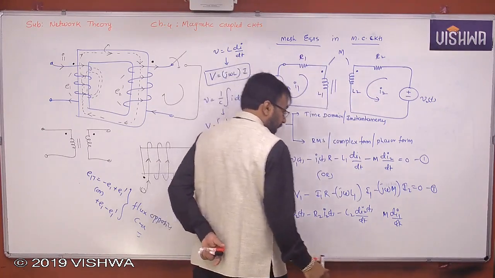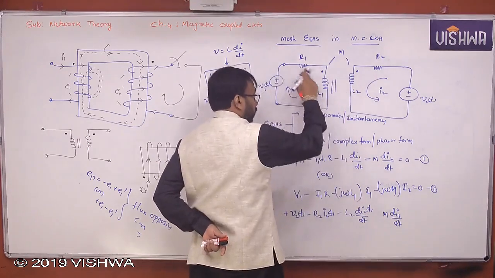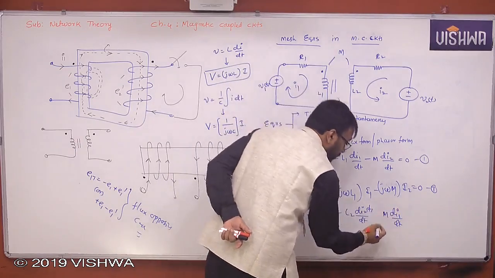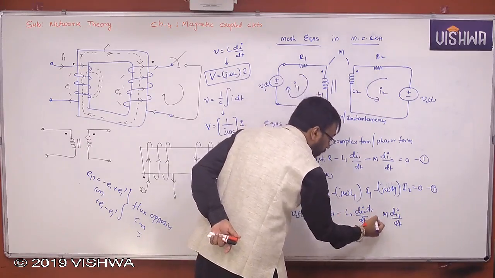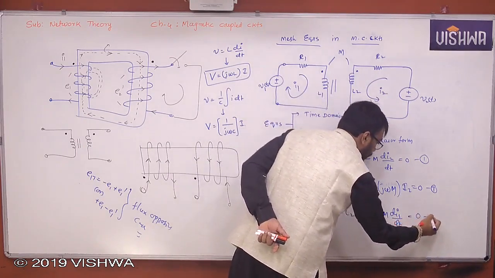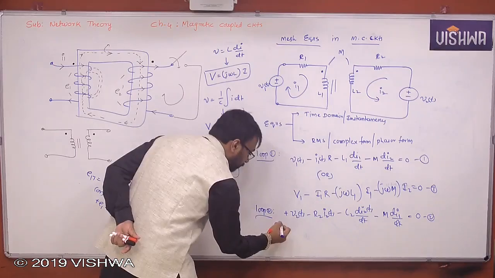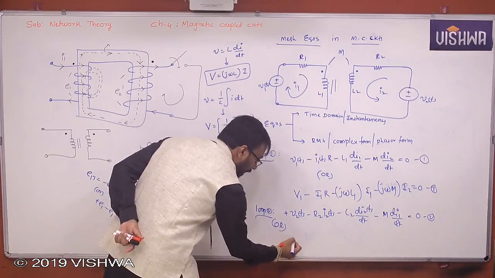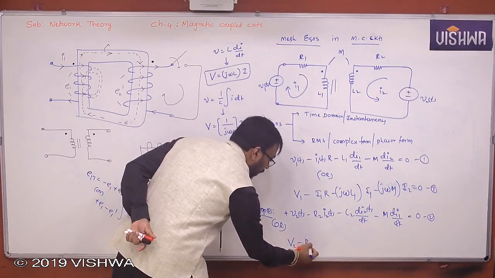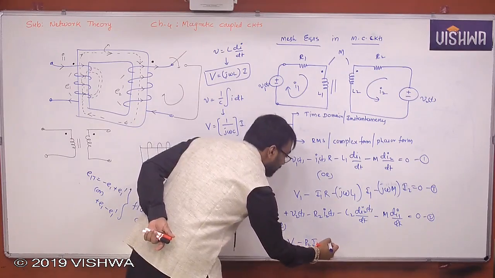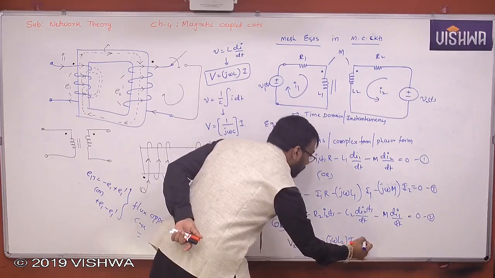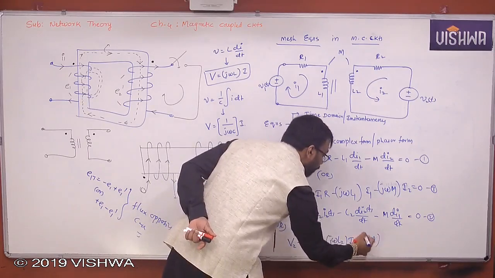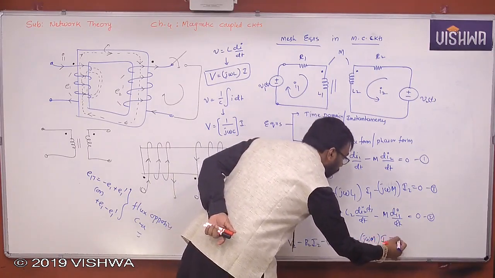Okay. So therefore, M into the current flowing through the primary coil is I1, and this current is also entering, same sign, minus is equal to 0. Complex form. What is the complex form? Capital V2 minus R2 capital I2 minus j omega L2 into I2 minus j omega M I1 is equal to 0.